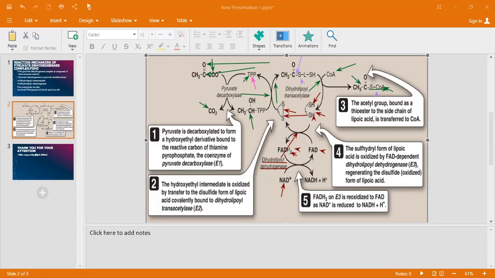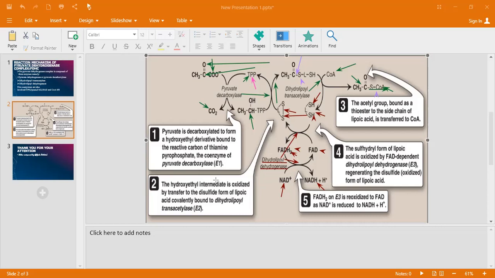Removal of hydrogen is oxidation. We reoxidize FADH2 to FAD. This reaction is also catalyzed by the same dehydrolipoyl dehydrogenase to give us our NADH and our hydrogen, which will now go to the electron transport chain.